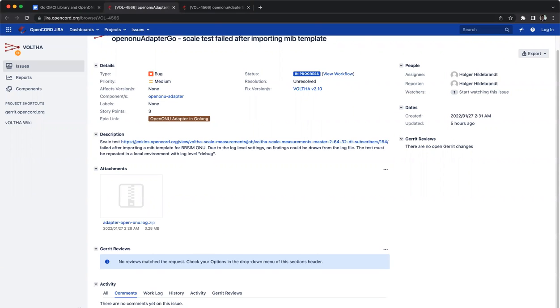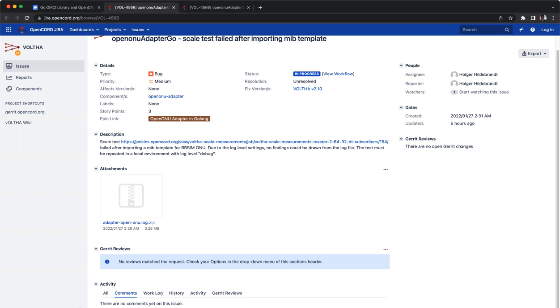What I said before: when you don't have this MIP template in the KV store, then virtually each ONU starts a MIP upload process, because they start nearly simultaneously. The first ONU starts, then the second, the third, and so on. At some point the first ONU is ready with the MIP upload process and writes a MIP template into the KV store.